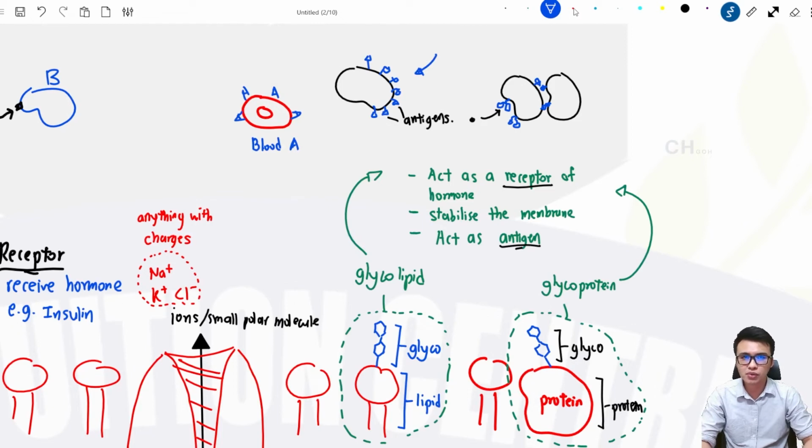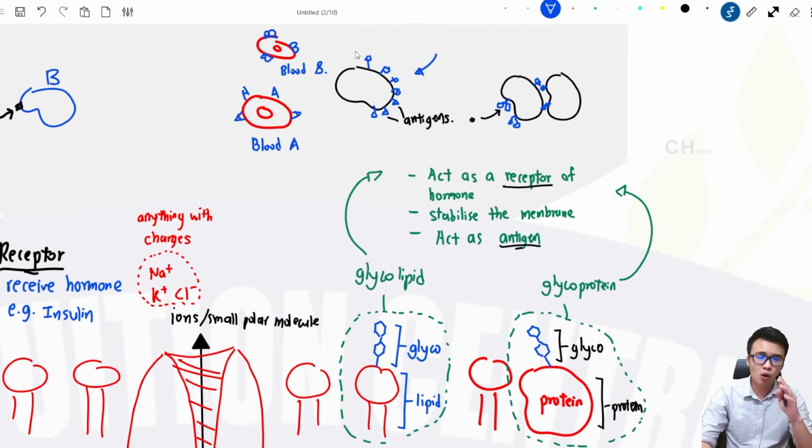Let's say you are blood group B. So B has a lot of B antigens on top of the red blood cell. This is blood group B. So how do we know what type of cell it is? We look at the antigen.